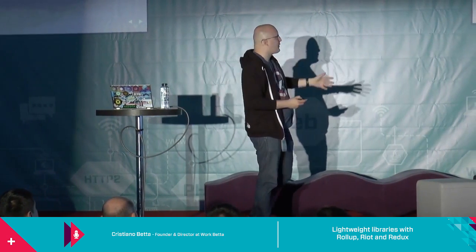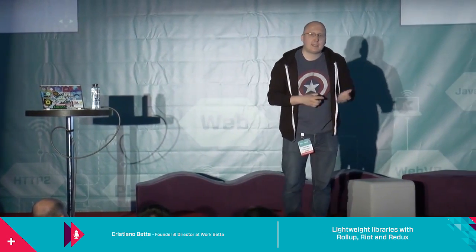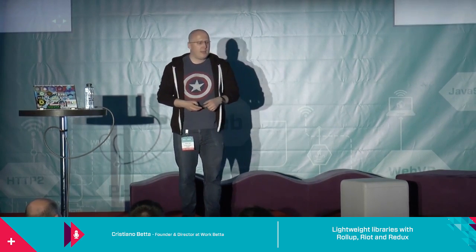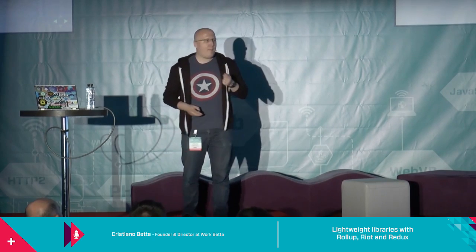Now, why did I like Rollup? It's very simple. They call it the next generation JavaScript module bundler. It allows you to write really nice ES6, so next generation JavaScript, or actually more like current generation JavaScript, because it's here, you can use it. It bundles everything into one file, and it's smaller than Webpack and Browserify.